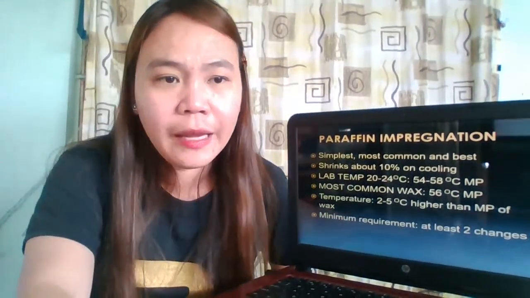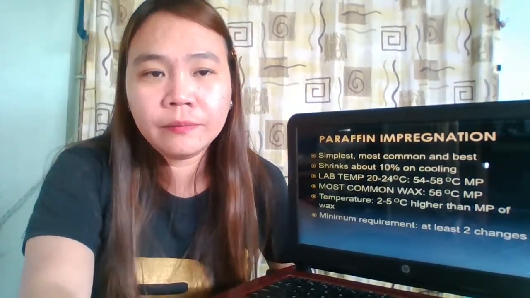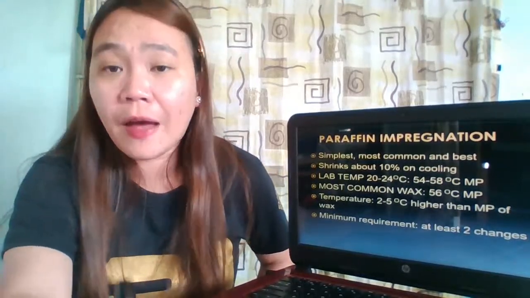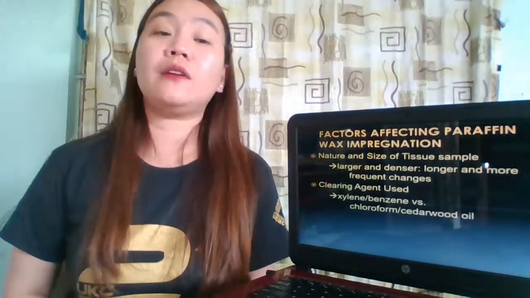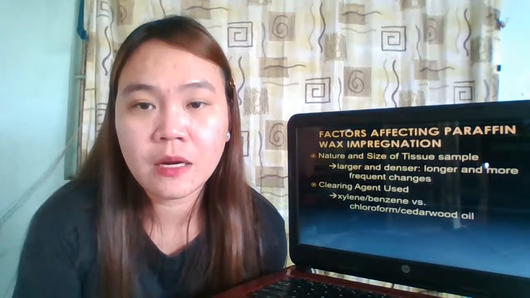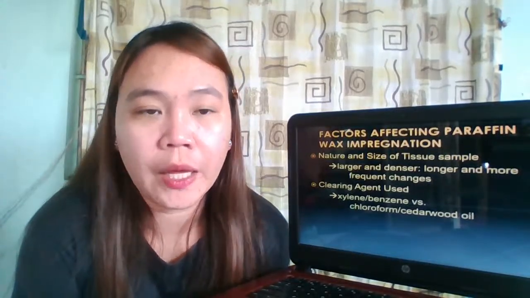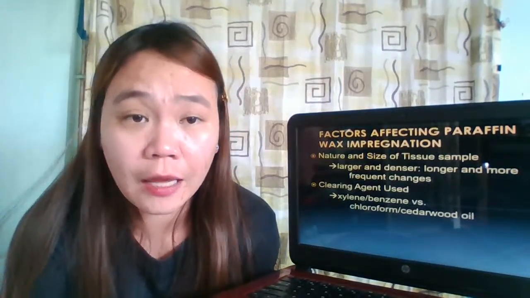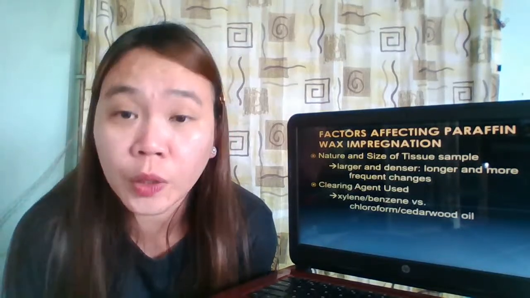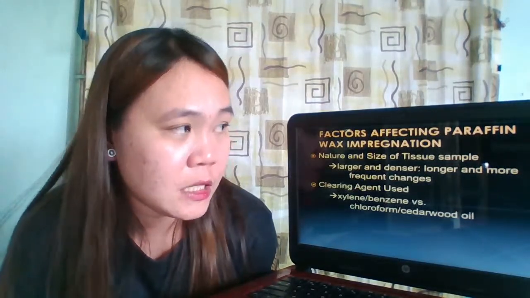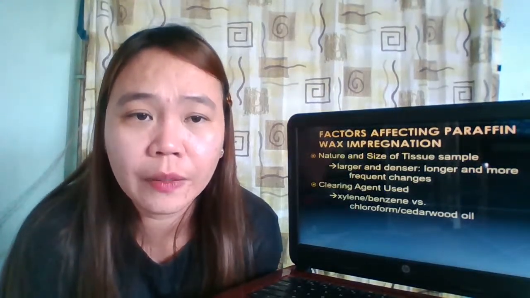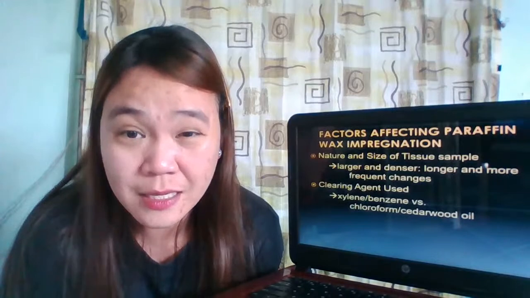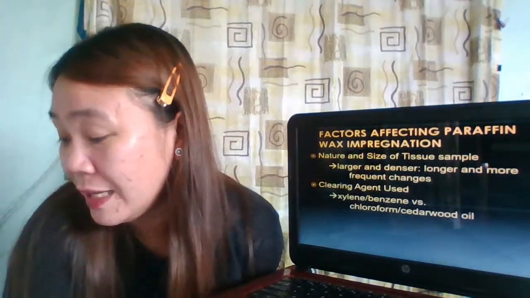Okay? So next, what are the other factors that we have to consider, or that affect paraffin impregnation? Another factor would be the nature and size of the tissue sample. When we say nature of the tissue sample, we are considering the density, how dense your tissue sample is.